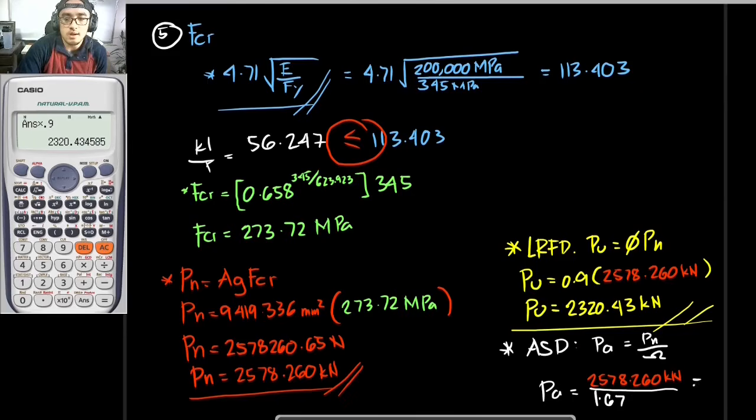Our answer here would be 2578.26 divided by 1.67. Okay, so that is 1543.87 kilonewton. So this is our answer for this particular problem.